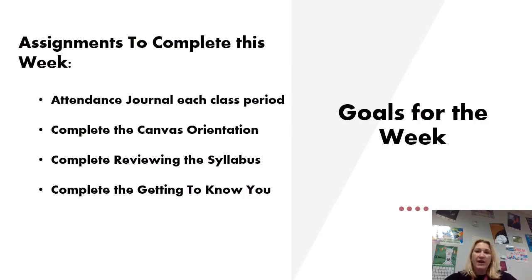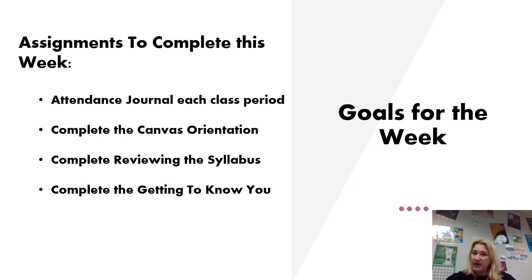So what you have to do for this week, it is extremely important that you get these things done. There are things that you have to do every class period, which means you have to log into Canvas, open an assignment, and complete the assignment on the day we have class. Now, you have 24 hours within that day to do that. So let's talk about what that looks like. The attendance journal is required every class period.